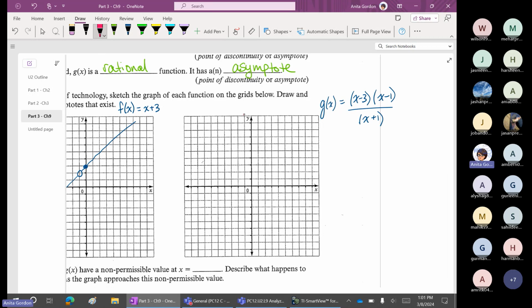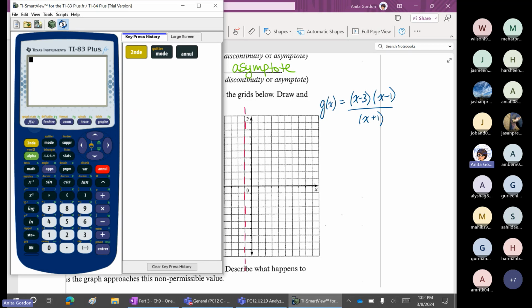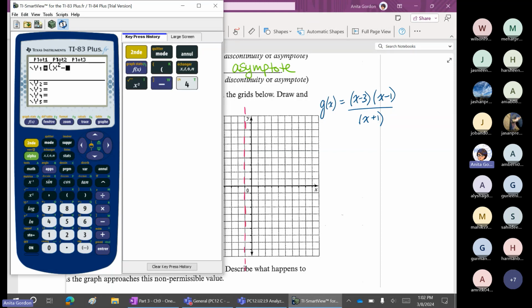It's at x equals -1, so I can draw the asymptote, but I can't really draw any other key features. So I'm going to grab my calculator to help me with the picture. I'm just going to graph the original one, x squared minus 4x plus 3 divided by x plus 1.